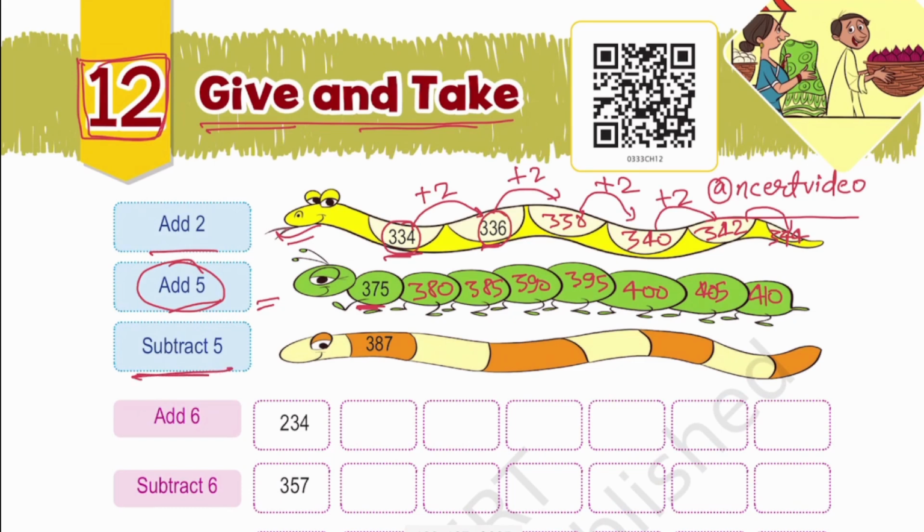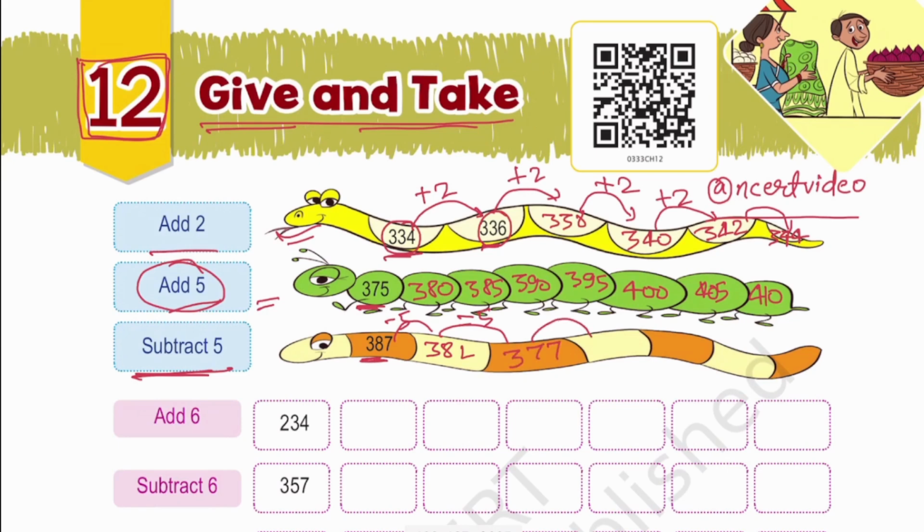Similarly, it is written subtract 5, then you have to subtract 5 from 387. 387 minus 5 will give you 382. If you subtract 5 from 382, you will get 377.